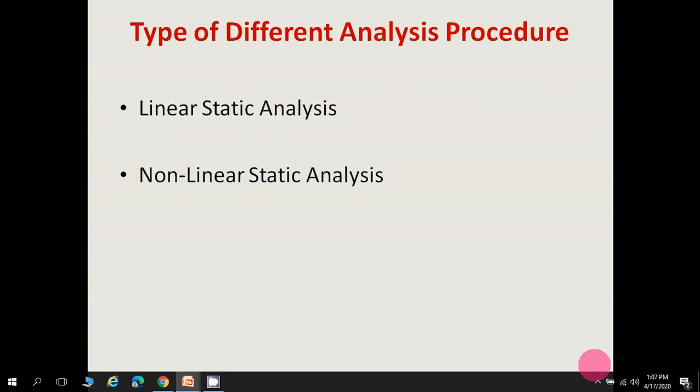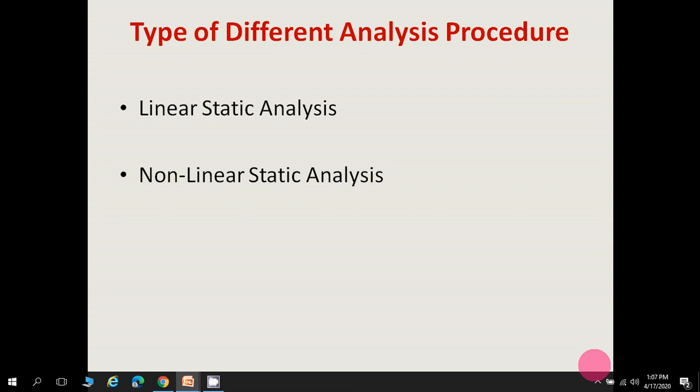And in linear static analysis, the stiffness matrix is constant throughout the analysis, while in non-linear static analysis, the load and deformation behavior of the structures is non-linear in nature. This is either due to geometric non-linearity or material non-linearity.